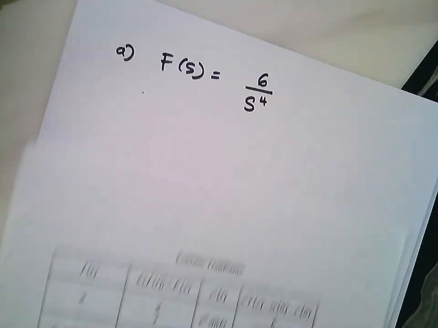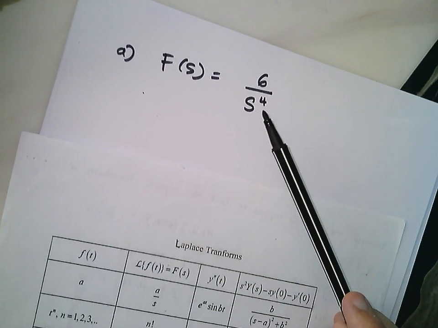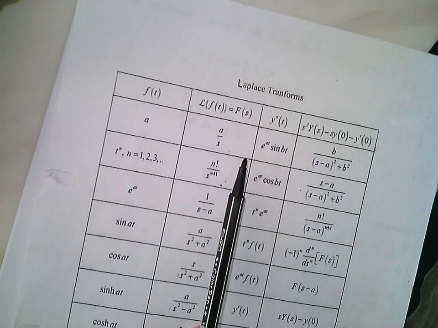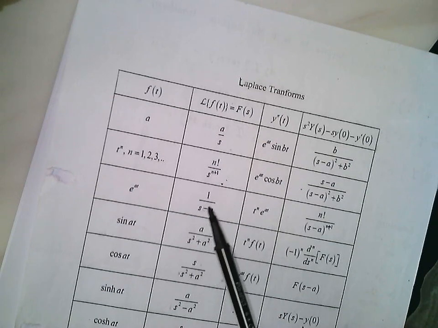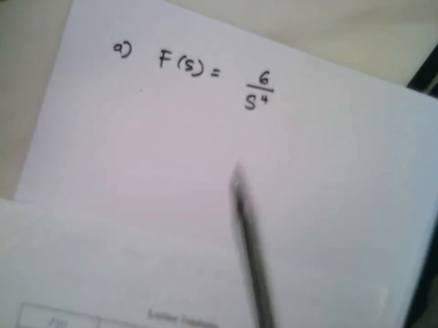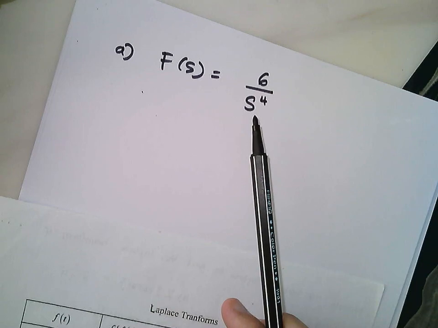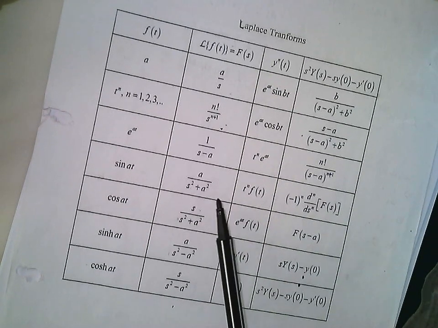But what you have is s to the power of n, and your n is greater than 1. So that's why you cannot choose the first one. Okay, why can you not choose the third one here? Because for the denominator part, you have s minus a, but what you have is just variable s.